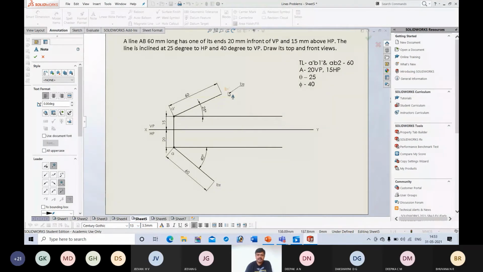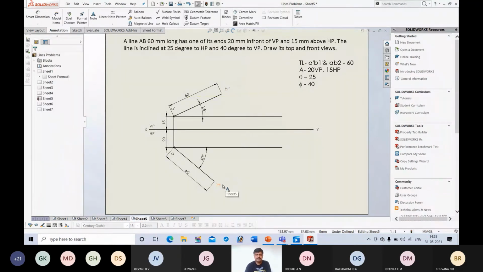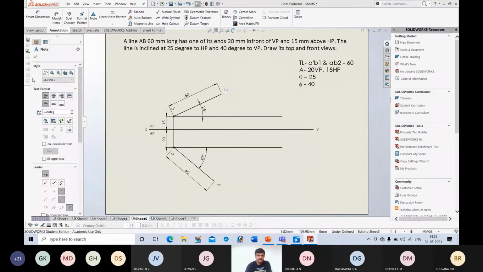After getting this B1 dash B2, immediately you should draw the locus of point B. The locus is nothing but a horizontal line in this case.